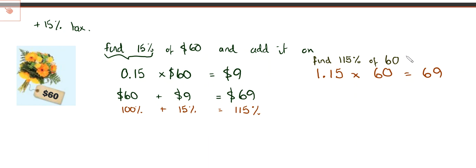So you might want to write that down, and I'm going to ask you to write this and say, we have an increase of 15%. So there's something a little bit new for you. We have increased this amount by 15%.